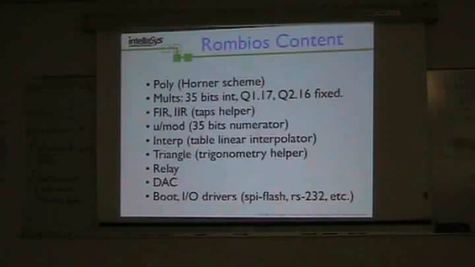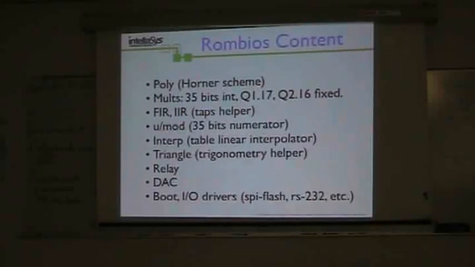And we got one function called taps, which is a very powerful helper to build the filters. And we've got the division modular, which is working with the double length numerator.